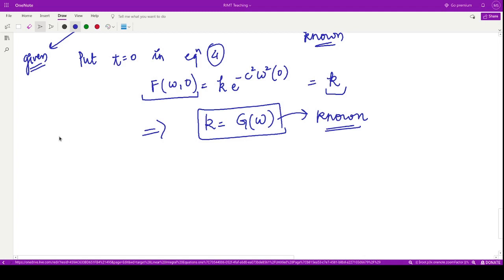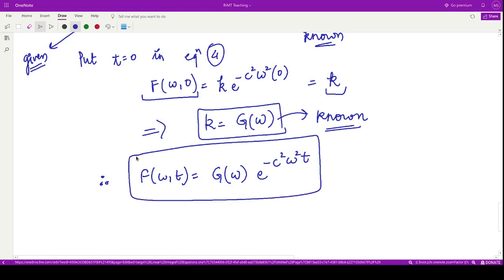So your F(ω, t), which was k e to the power minus c² ω² t, now becomes g(ω) e to the power minus c² ω² t. This is the simplified version of your heat equation in the Fourier domain, in the frequency domain. So the next, third step is to apply the inverse Fourier transform on both sides.